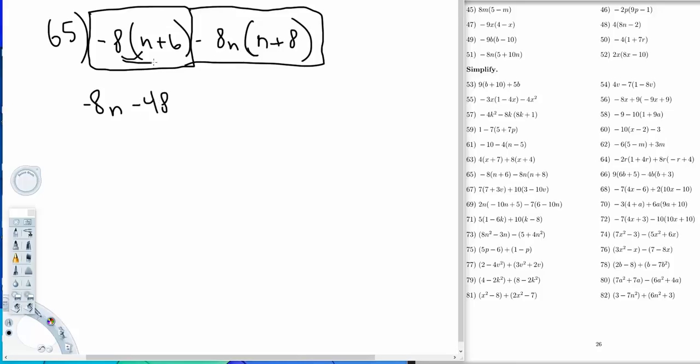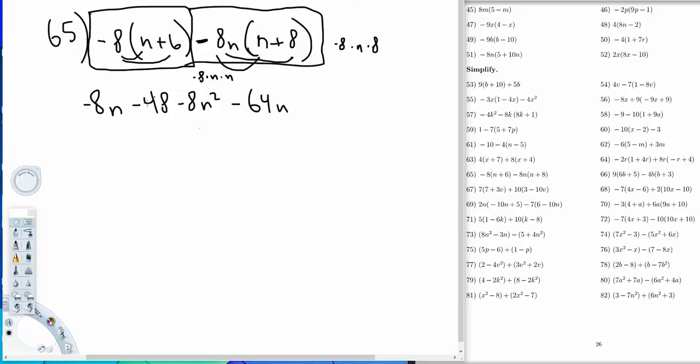All right. Then minus 8n times n, which is really saying minus 8 times n times n, and it equals minus 8n squared. And then minus 8n times plus 8 equals minus 64n. You see that? Minus 8 times n times 8 is minus 64n.